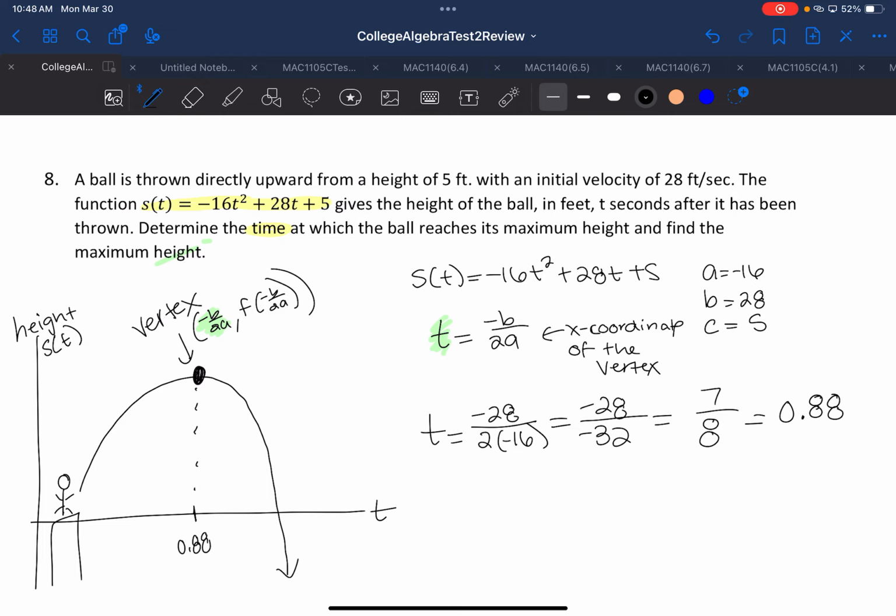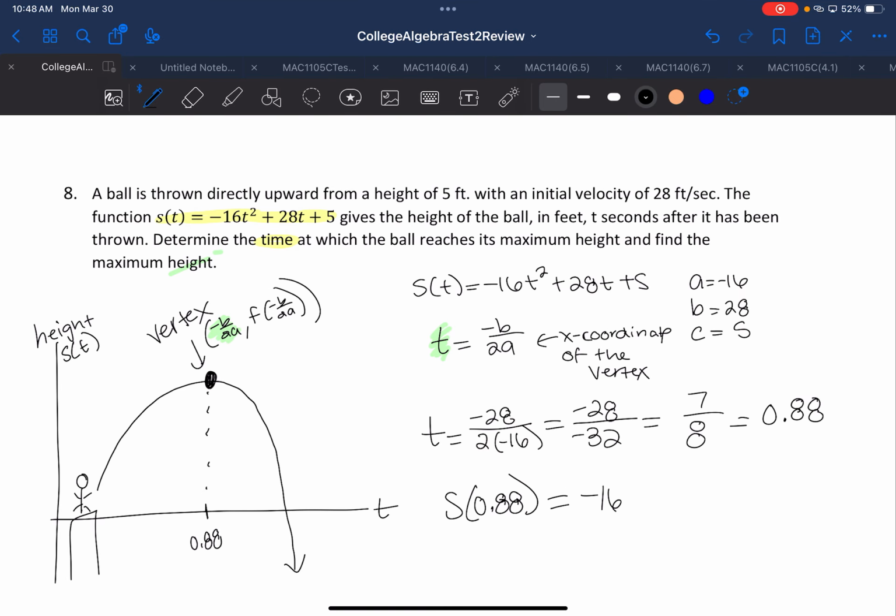And then, of course, I could plug this time back into the original function to find the maximum height that it would reach using my calculator.